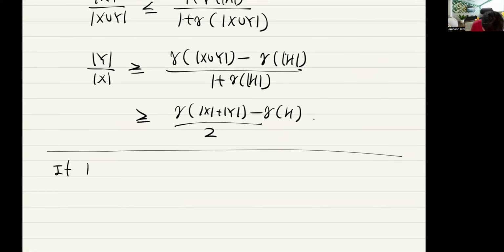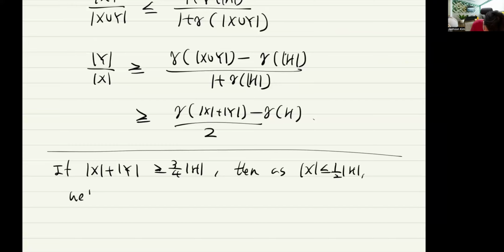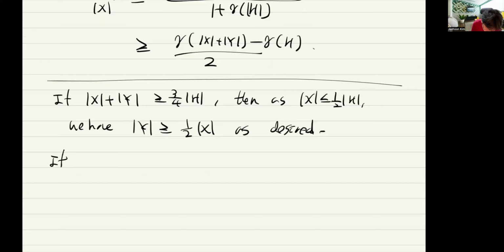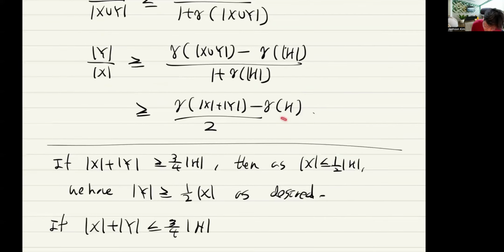In the first case, if X plus Y has size bigger than 3/4 of everything, then as X has size almost half of H, we have Y at least half times X as desired. So that's much better than what we want. Otherwise, if this one is smaller than 3/4 H, then you can bound it.